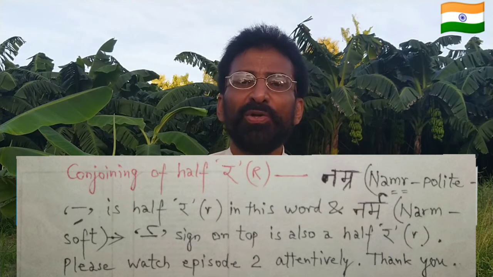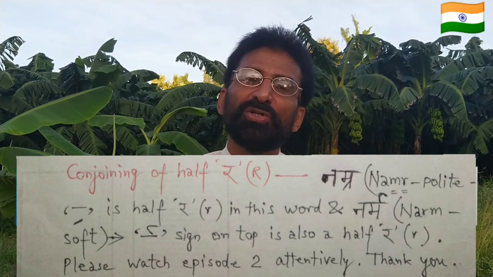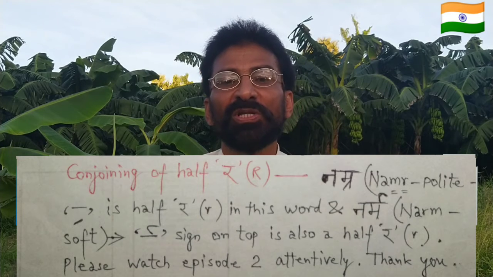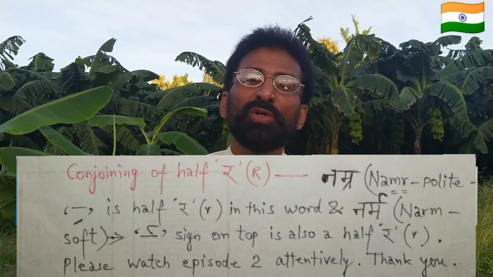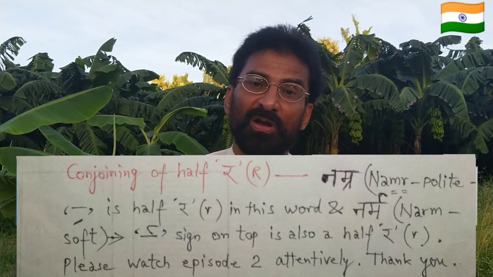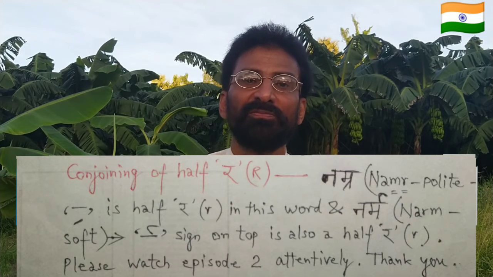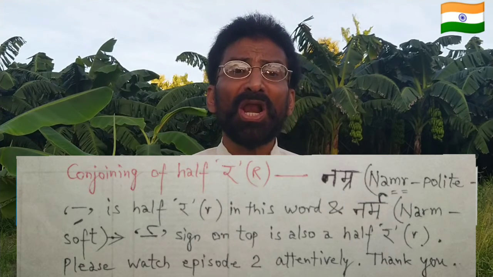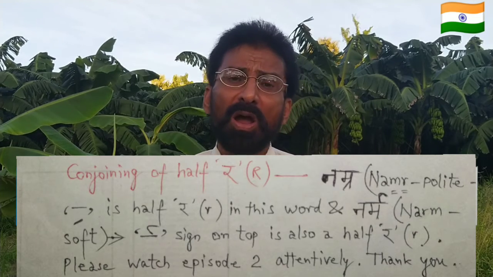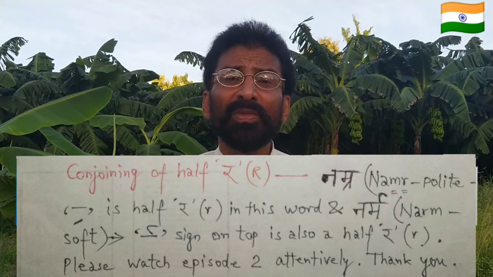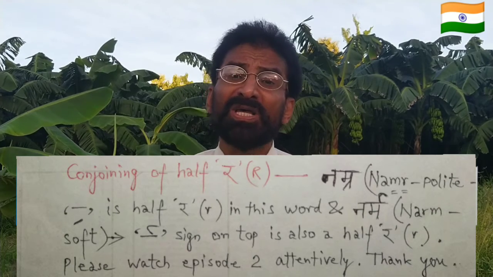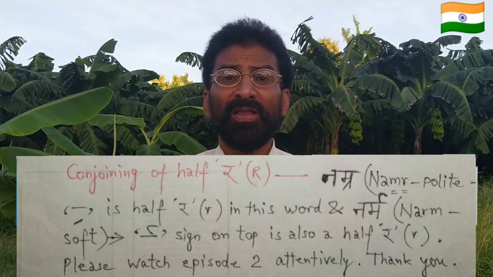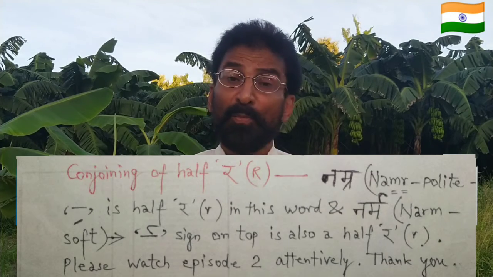And another word, narma. Now you can actually try to differentiate between these two words, and these are the best examples to understand the use of half ra and full ra. Narma. Na is full, and then ra is half, and then ma is full.